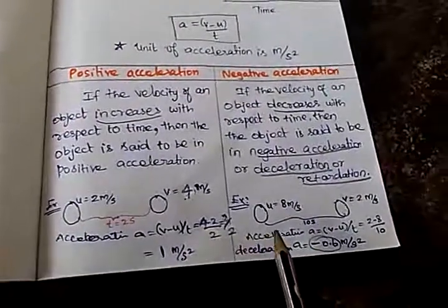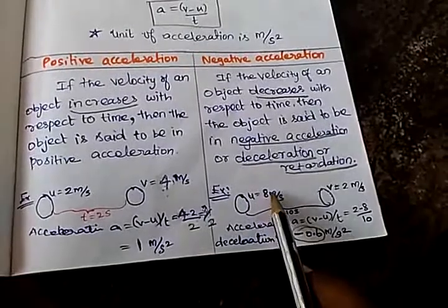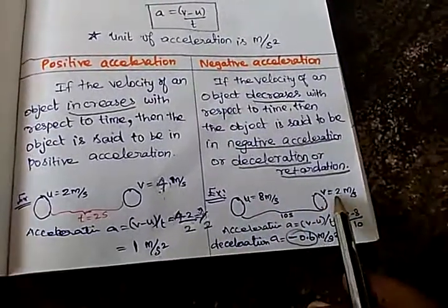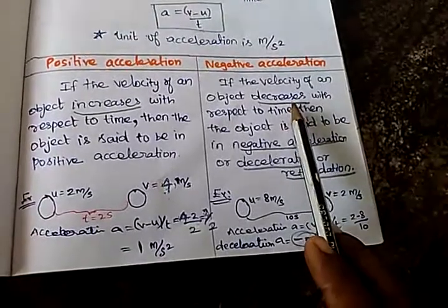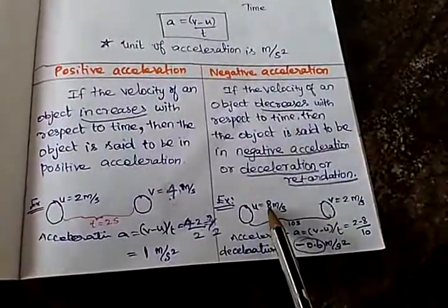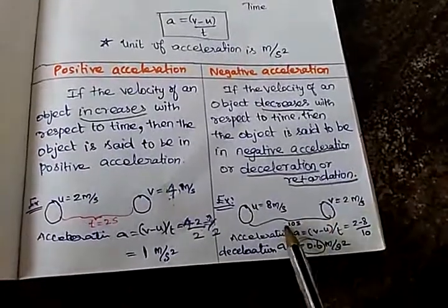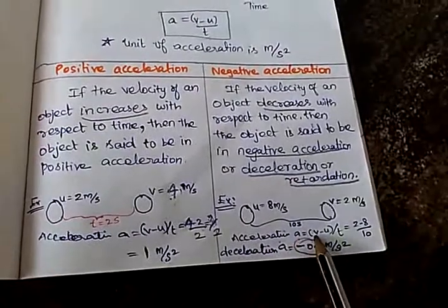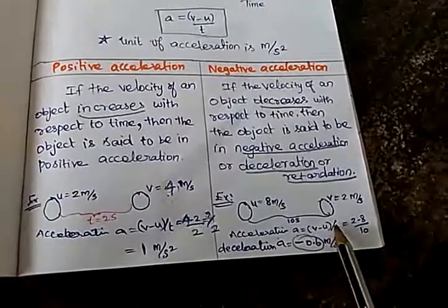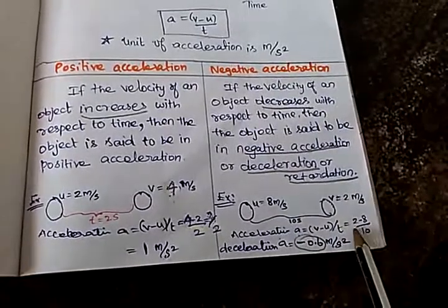But students, here the initial velocity u is equal to 8 meter per second and the final velocity is 2 meter per second. Here the velocity of the object decreases. Time is 10 seconds. How to calculate acceleration? Acceleration is equal to final velocity minus initial velocity divided by t. Final velocity 2 minus initial velocity 8 divided by 10.